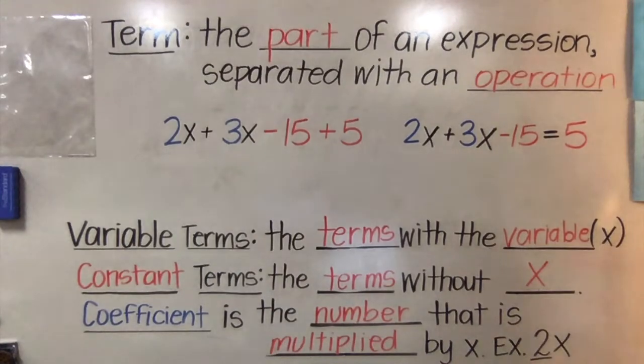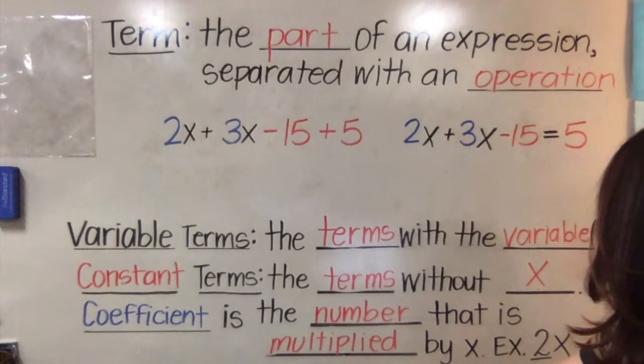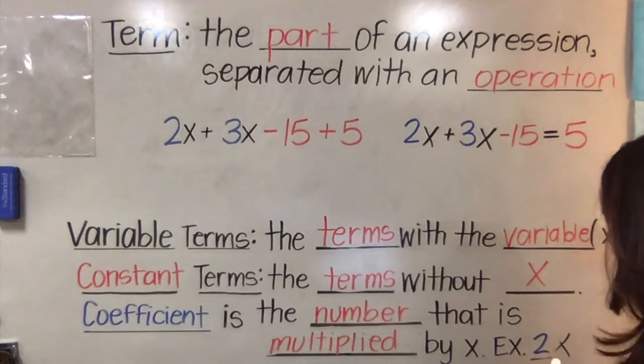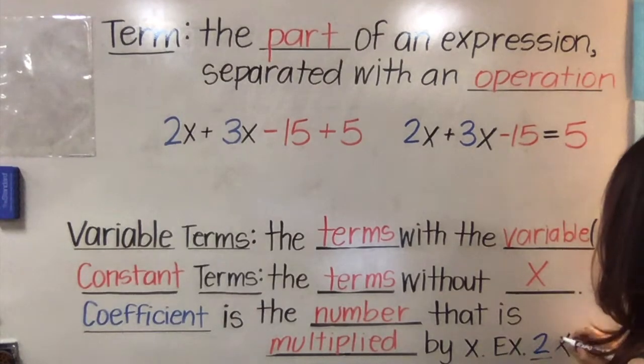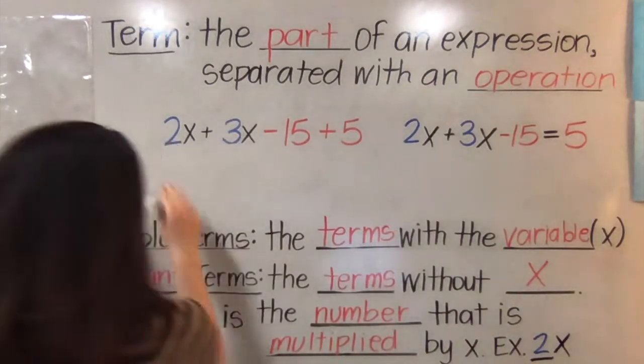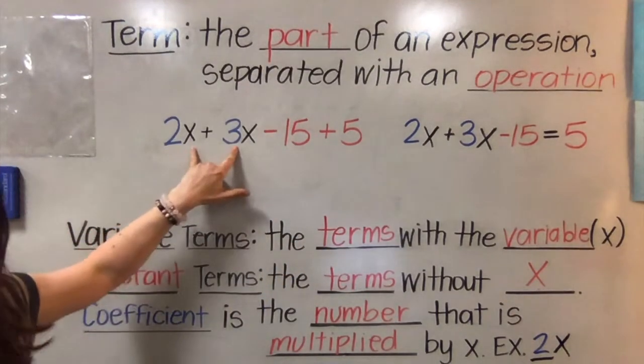For example, in 2x, the coefficient, I'm going to make it blue, is 2. In 2x, 2 is being multiplied by x. Coefficient is 2.